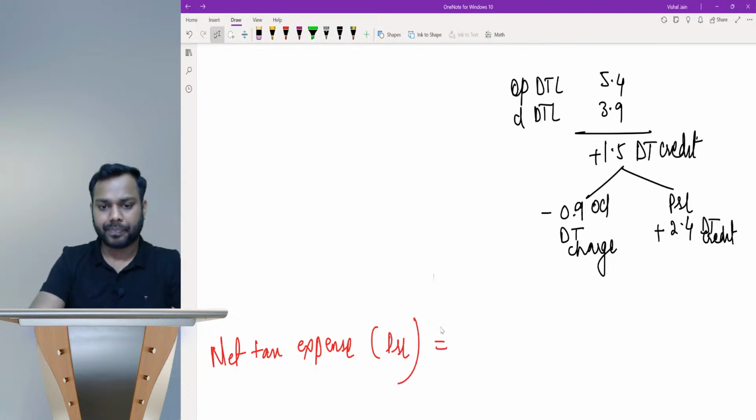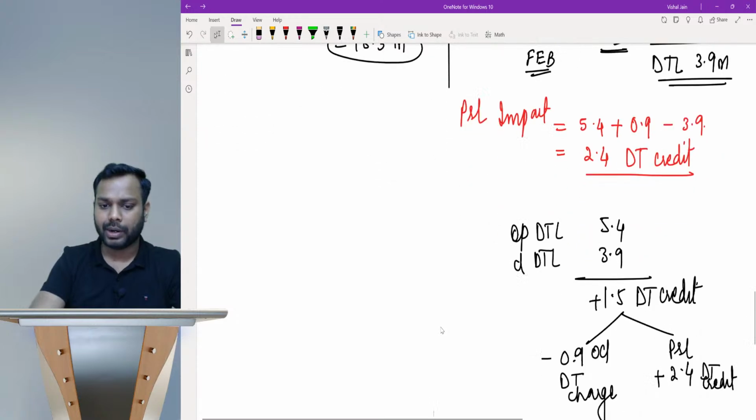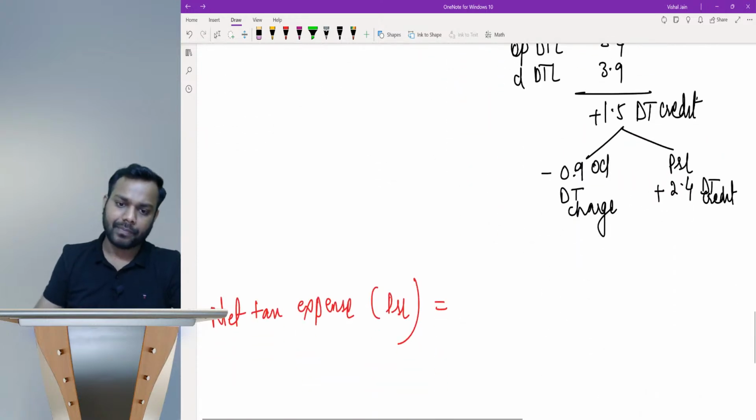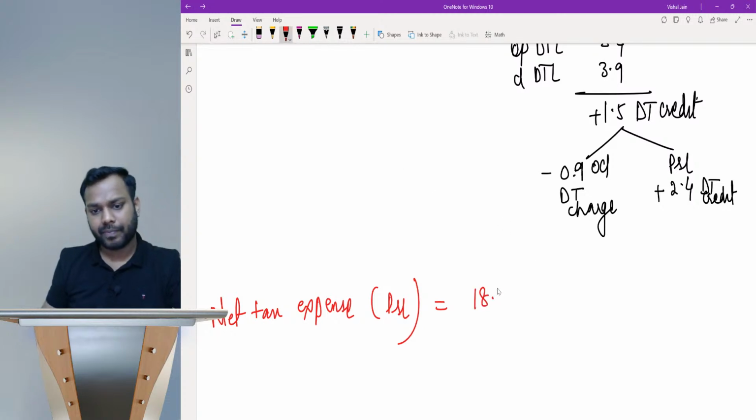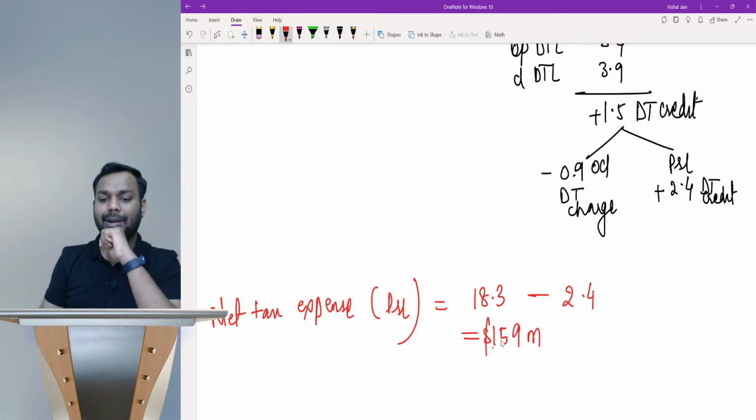That is 18.3 for current tax minus 2.4 deferred tax credit. 18.3 minus 2.4 is 15.9 million dollars. Tell me guys, is that clear to all?